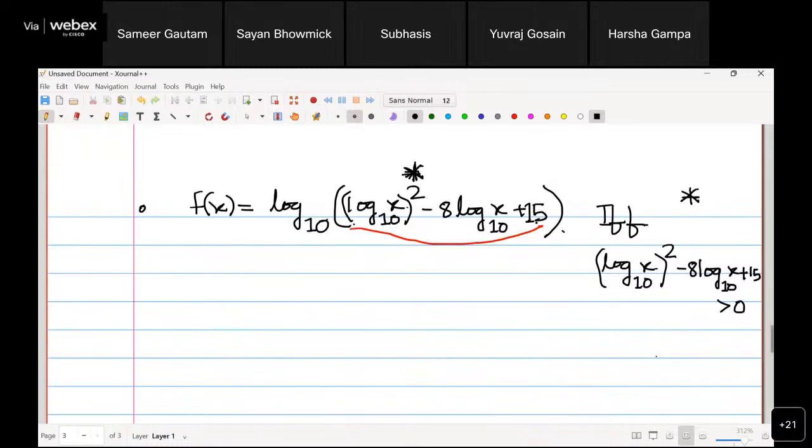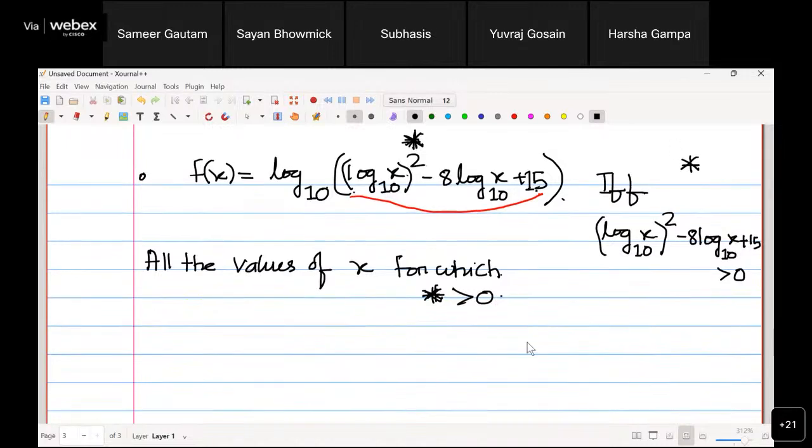So to find the domain of this function, what do I need to find? I need to find all the values of x for which my star is greater than 0, right?